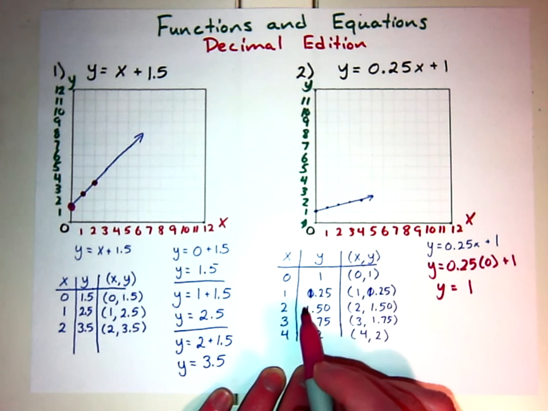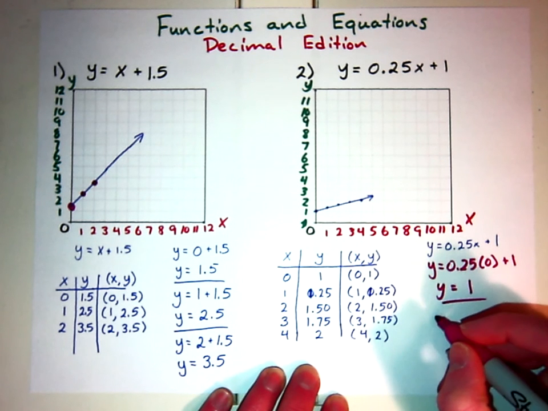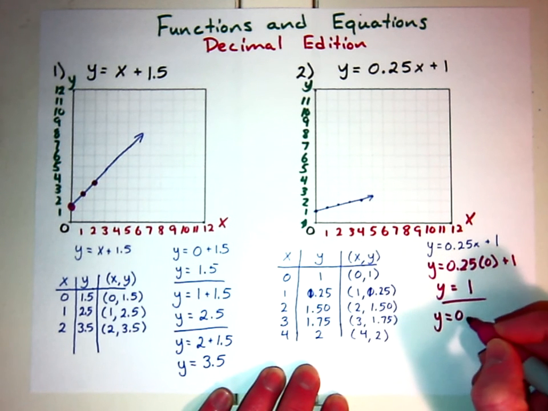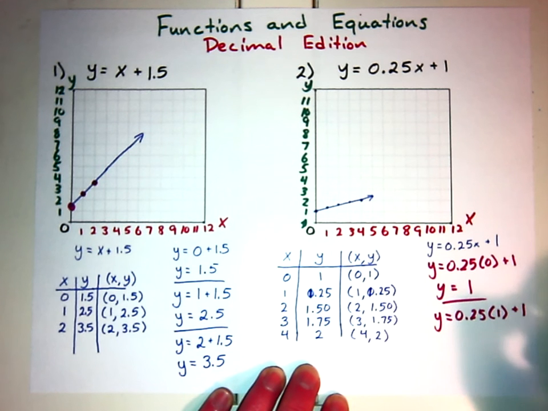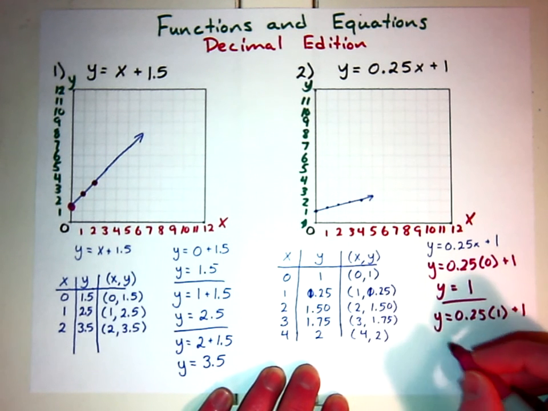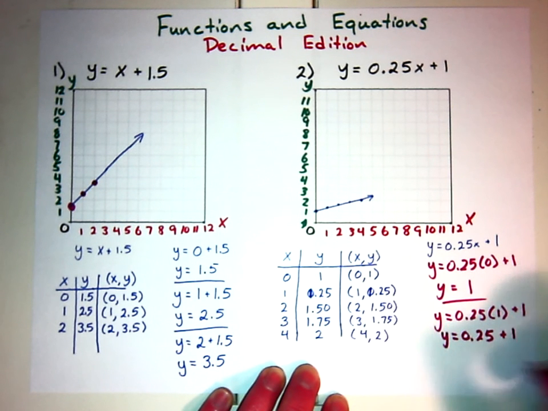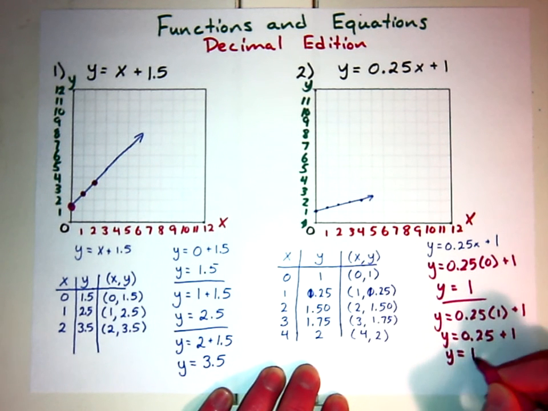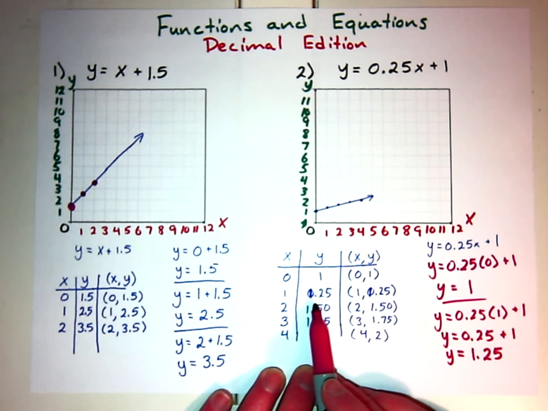And then from there I say, well, if I'm testing it for 1, y equals 0.25 multiplied by 1 plus 1. Well, any number times 1 is the same number, so it's going to be y equals 0.25 plus 1. That gets us to y equals 1.25. Okay? And that's how we got our 1.25.